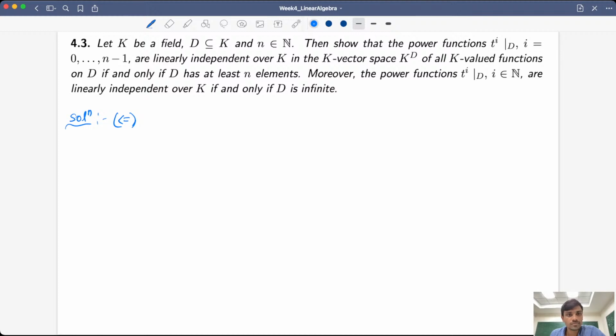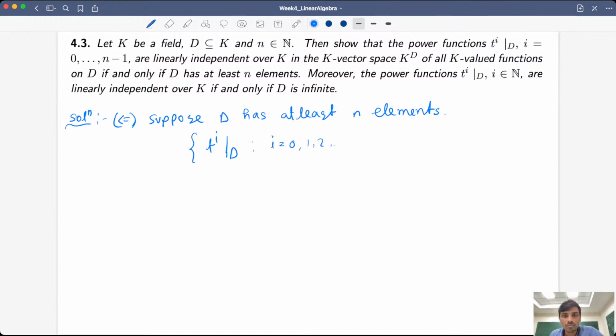Suppose D has at least n elements, and you are considering the functions t^i restricted to D, for i equal to 0, 1, 2, up to n minus 1, for any n belonging to the natural number set. The natural number set means it starts with 1 at least.